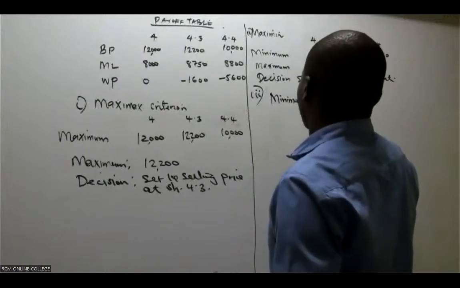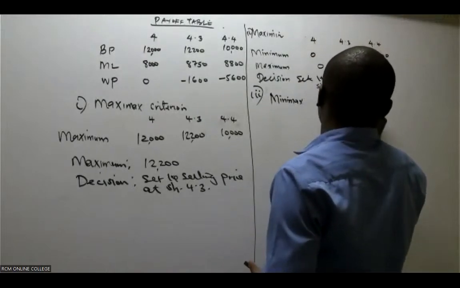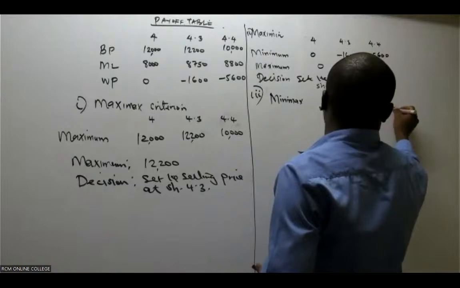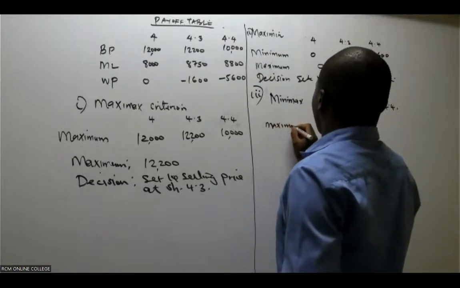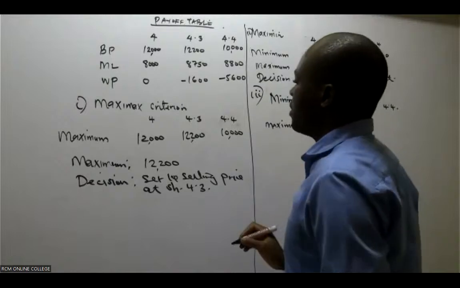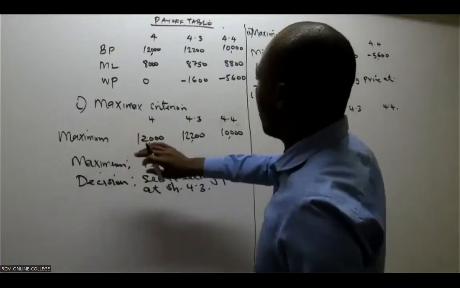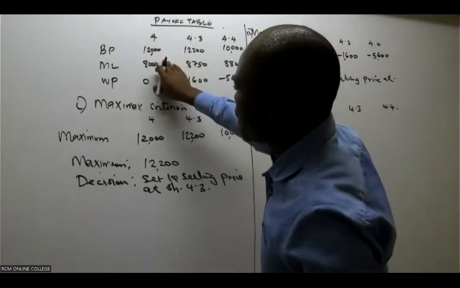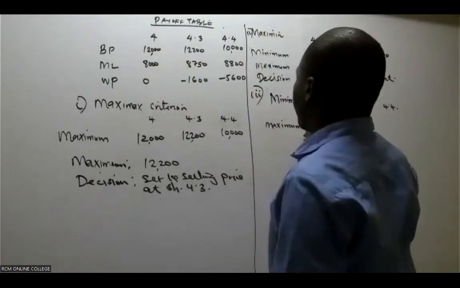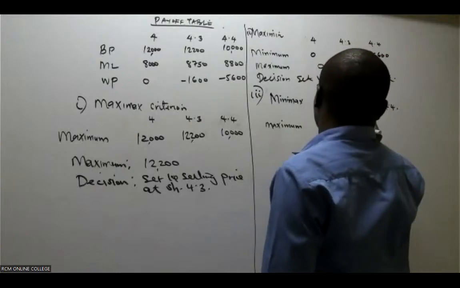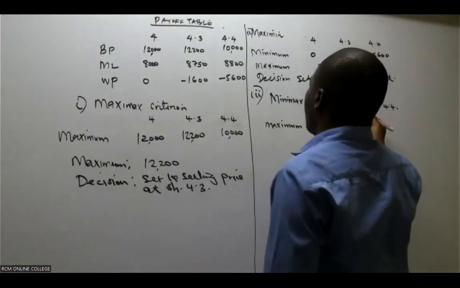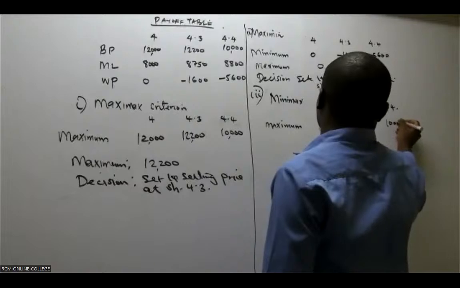So let's come here. You give us the maximum figures, or you can even still refer to the table. Our maximum here is 12,000. Our maximum is 12,200. Our maximum is 10,000.